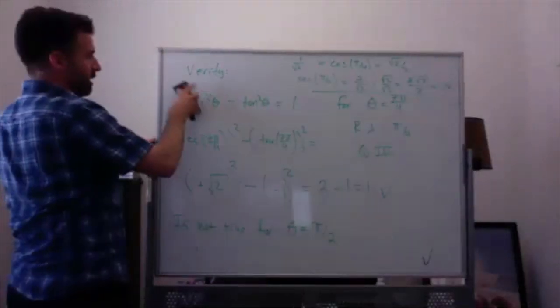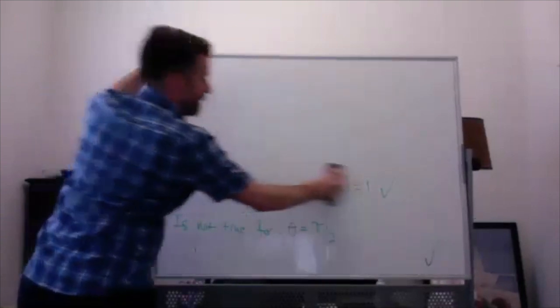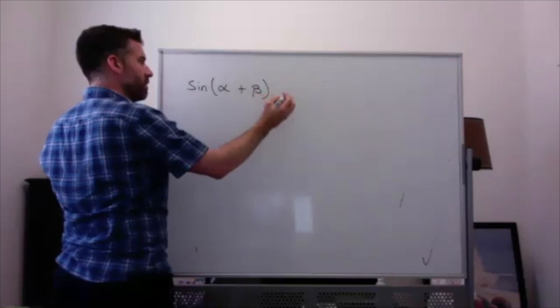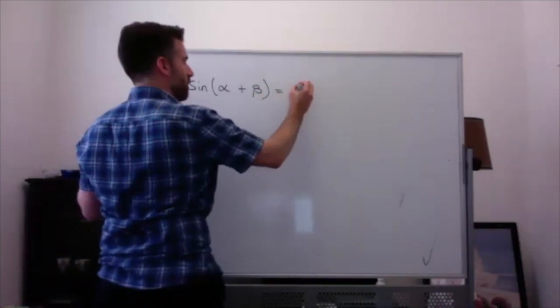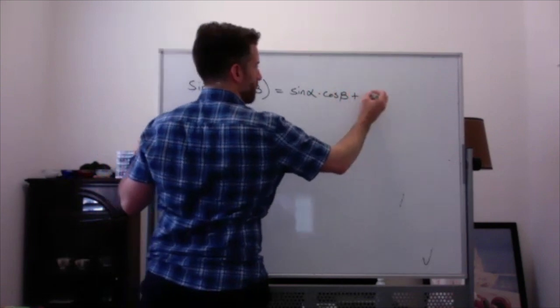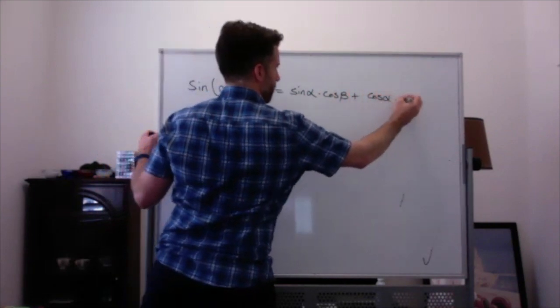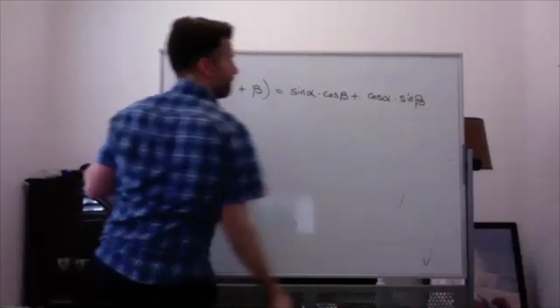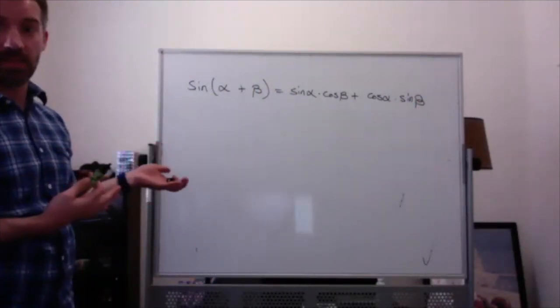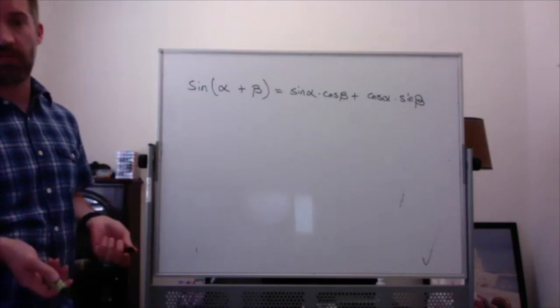There's going to be a couple of these formulas, but here is the one we just showed an example of: sine of alpha plus beta is equal to sine of alpha times cosine of beta plus cosine of alpha times sine of beta. So this angle sum identity is true for any angles alpha and beta.